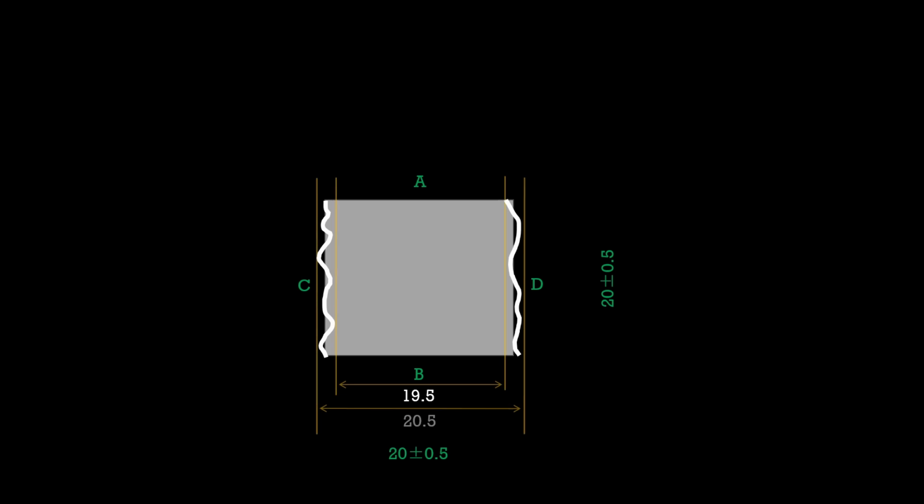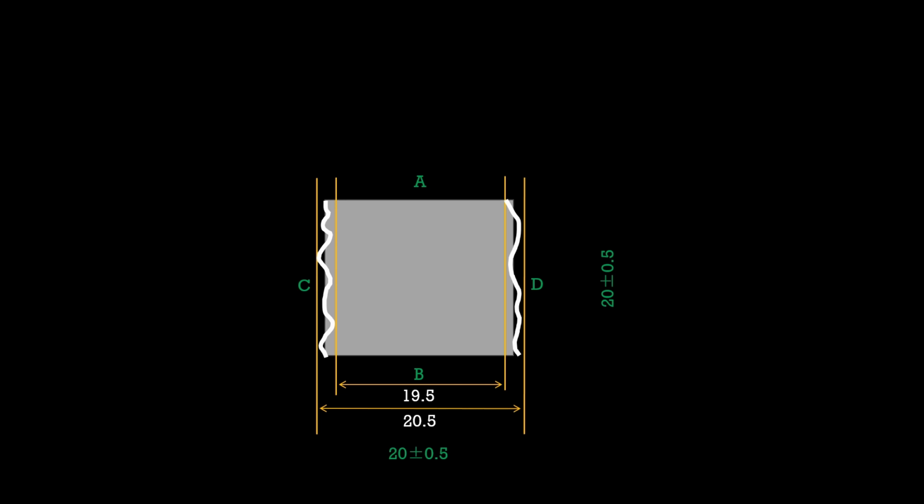So the faces A and B are opposed and parallel. Also the faces C and D are opposed and parallel. So the width 20 plus minus 0.5 is a regular feature of size and will follow the GD&T Rule 1. Both surfaces' form will be within the size limit of plus minus 0.5 mm.